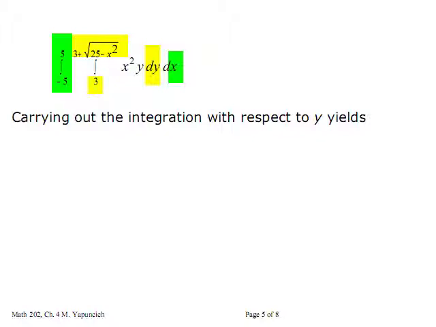However, when you have limits that are functions, the most outside limit has to have the constant values, whereas the inside limits can have function values, and the functions can depend on the outside variables. What is shown here is that the inner one is y, and its limits are functions of the outside variable. The reason for that is that once you've taken the integral with respect to y, you will now have an integral with respect to x. Then you can carry that out and finish the problem.